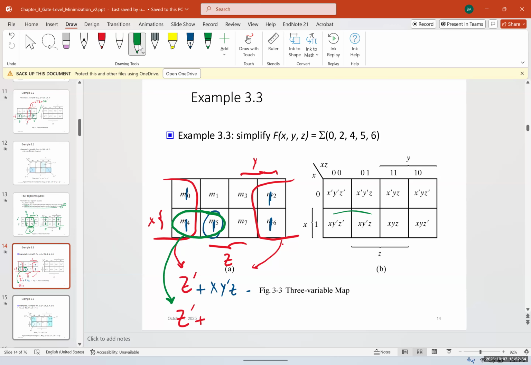So m4 and m5, if I combine these two, I would have y prime and x, so I would have x, y prime. Now what I did here, I got rid of an extra gate and an extra variable. So I've further reduced the complexity and simplified it. So again, the final answer would be z prime plus x, y prime.